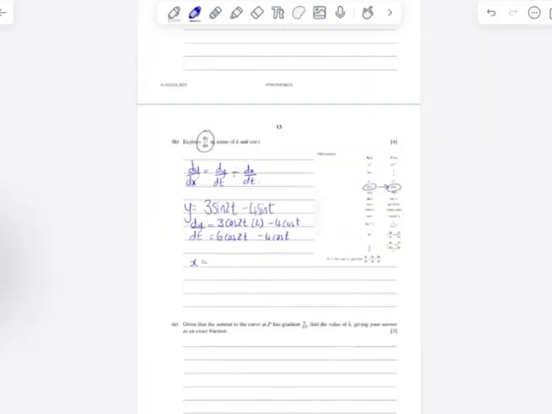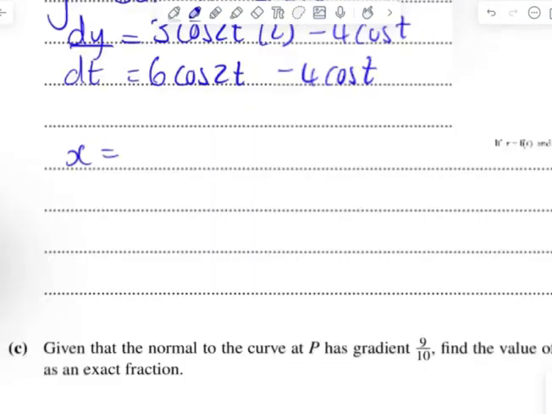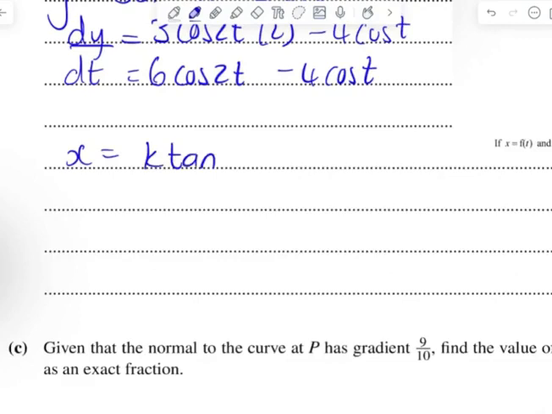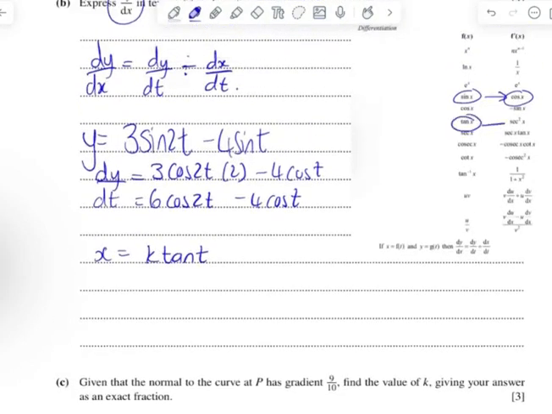If I now look at x, x is k tan t. Okay, k is just a constant, so my derivative of tan is sec squared t. So dx over dt, I keep my constant, and I now change that to a sec squared t. Right, now if I use my formula, so that's this one over here.